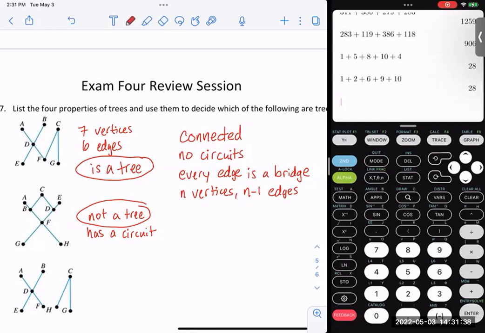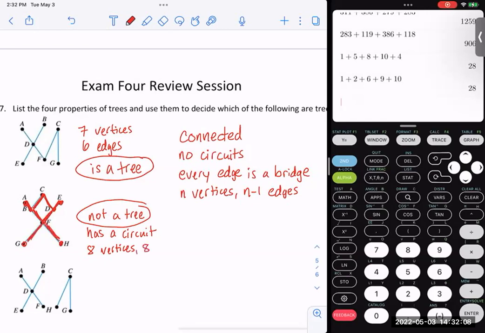Also, you could count up. So I've got 1, 2, 3, 4, 5, 6, 7, 8 vertices. So if it were a tree, if it has 8 vertices, it would have 1 fewer. It would have 7 edges. But if I count here, I've got 1, 2, 3, 4, 5, 6, 7, 8 edges.